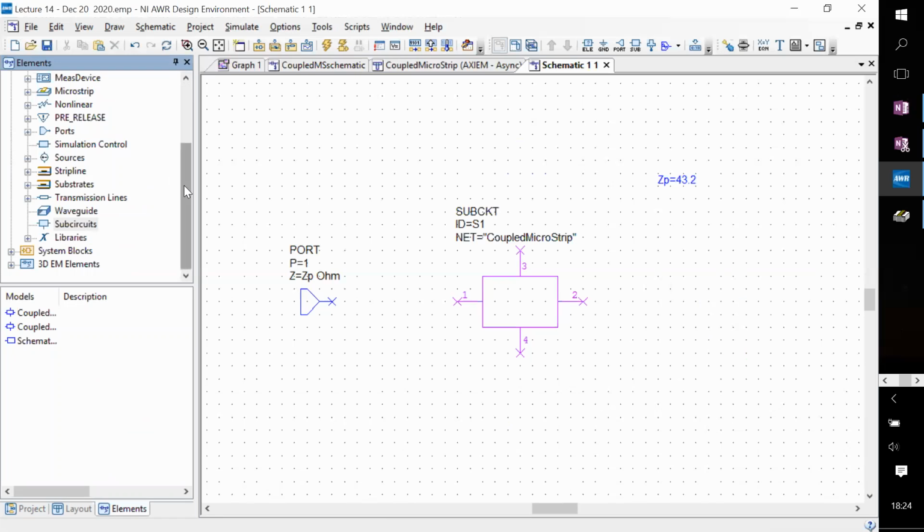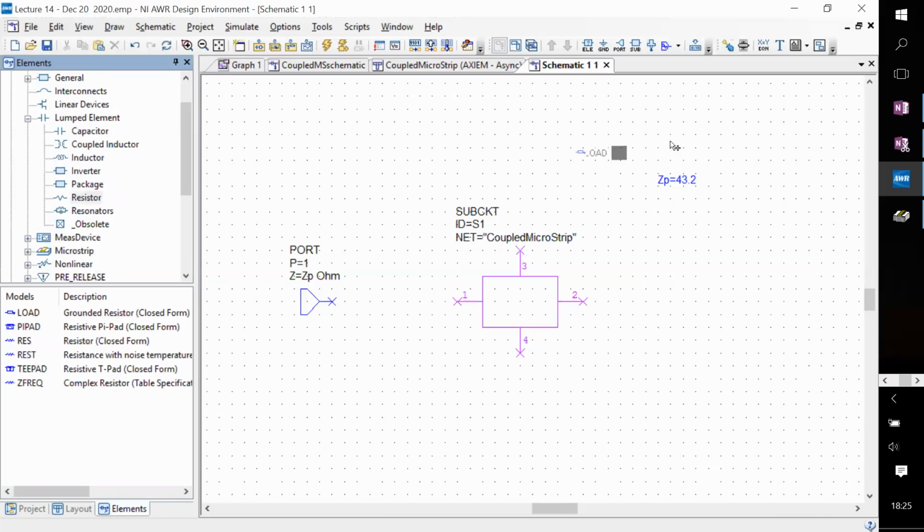I'm going to put a termination on the 3 and the 4, which is the one on the other side. I could have used a port for that, but just using this.